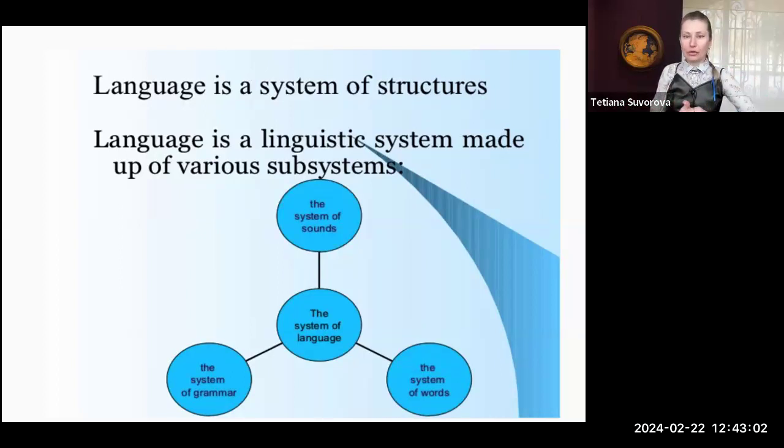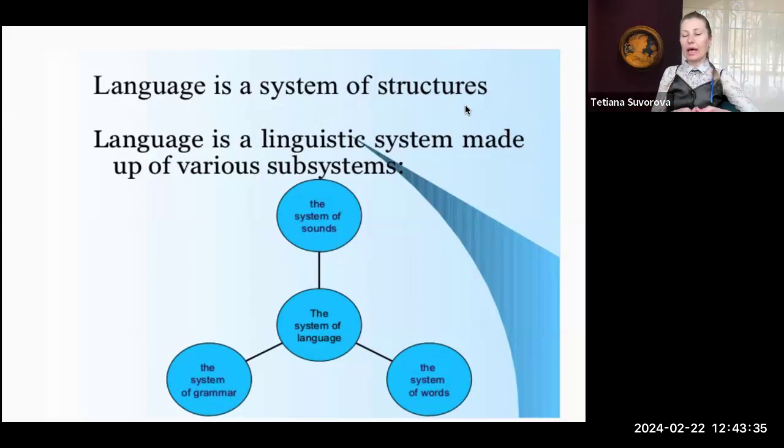So if we have to speak about some system, it means that we speak about some structures, it means that we speak about some units. Now we can compare things, for example, in two languages, Ukrainian and English. We can calculate, for example, the words and compare where we have more words and less words. We can calculate the suffixes or prefixes or endings and compare how they are different or maybe similar.